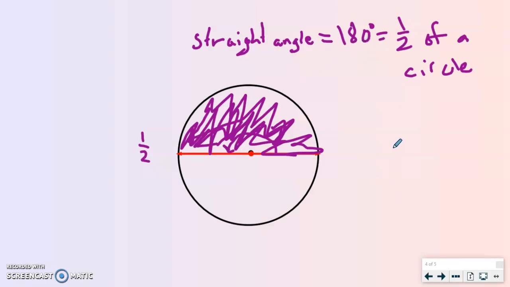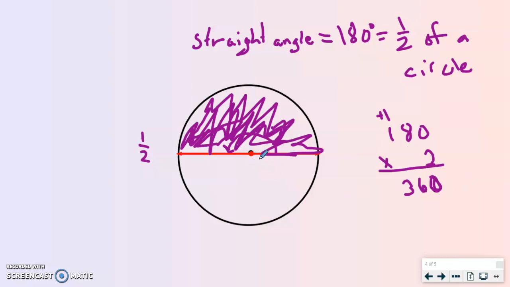If I had 180, and if I were to multiply it by 2, 2 times 0 is 0. 2 times 8 is 16. And 2 times 1 is 2, plus 1 is 3. So again, it all adds up. If I had 2 straight angles that equal 180 degrees each, I would have a full circle of 360 degrees.